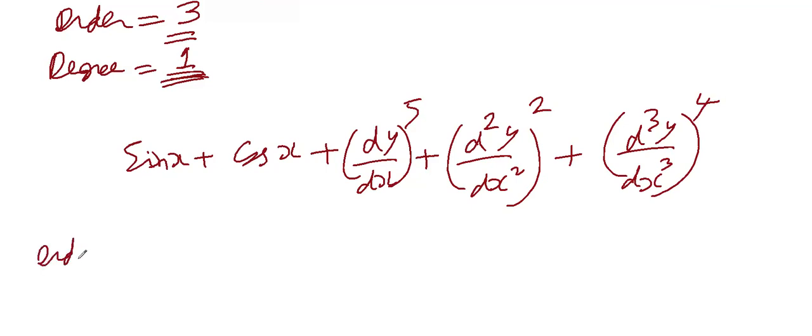Can you tell me what is the order and degree of this differential equation? Order is 3 and degree is 4. Perfect, you are right. Order will be 3 because that is the highest order, and degree will be 4.